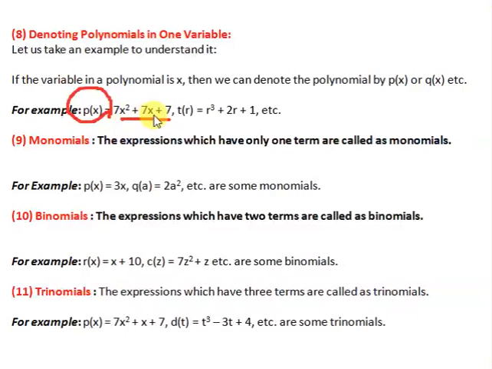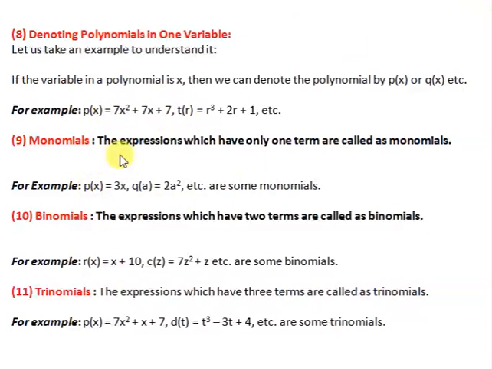If the variable is t, then it will be denoted by p(t). For example, see the polynomial t(r) equals r cube plus 2r plus 1. Here the variable is r, so the polynomial is denoted by t(r). The variable is always kept in the bracket. Here you can see this r is kept in the bracket. Earlier the variable was x, so x was kept in the bracket.